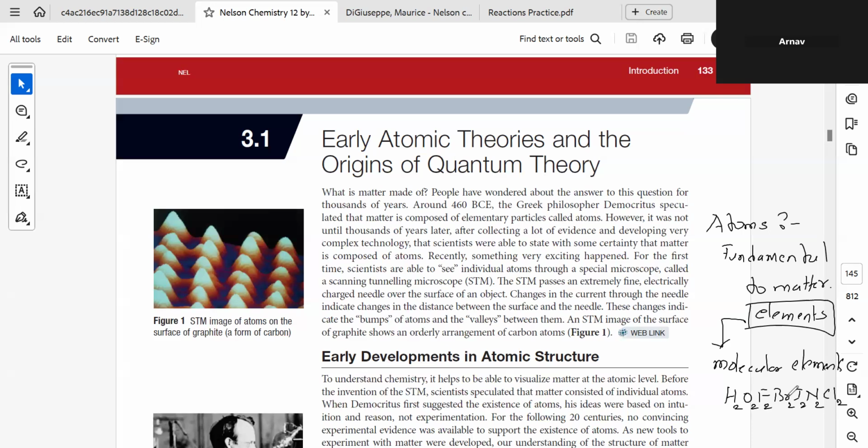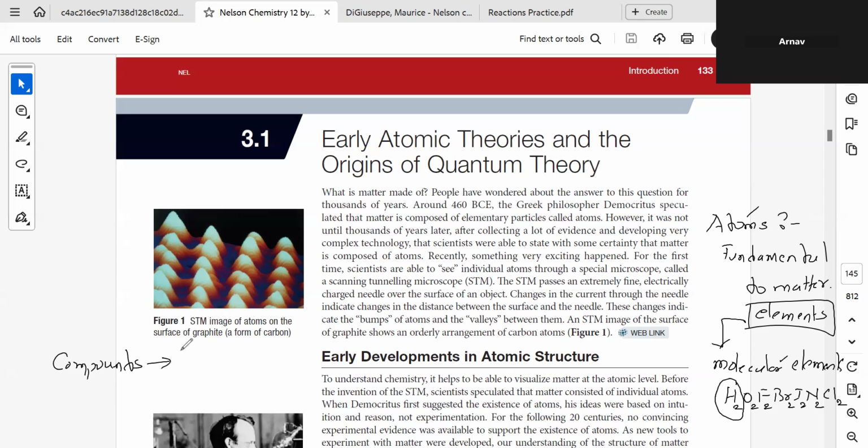Now, what are molecules? Atoms or groups of atoms. Why I'm saying atoms as well as groups of atoms, because when you have two atoms, it's a molecule. So you have atoms, you have molecular elements, and you have compounds.